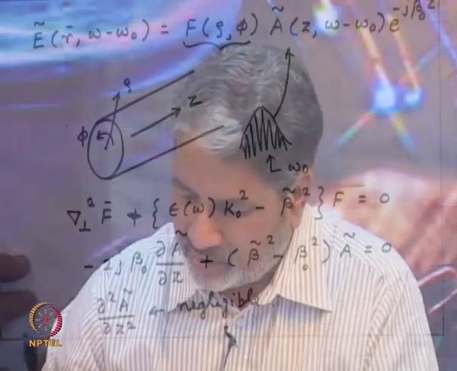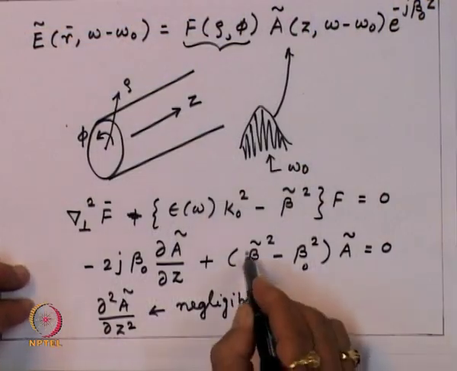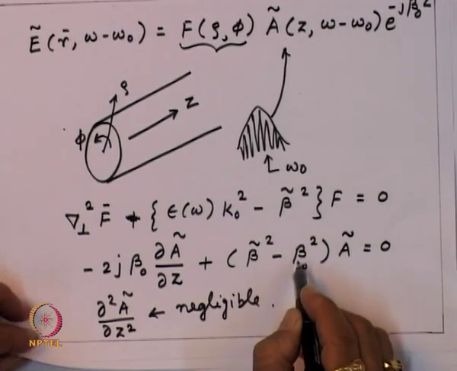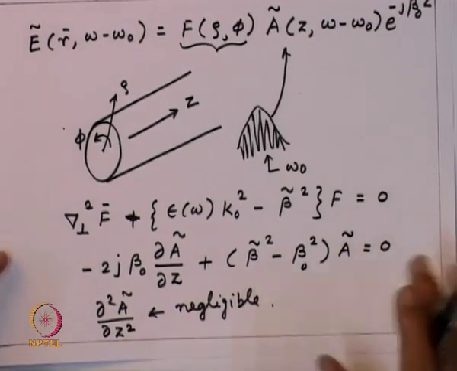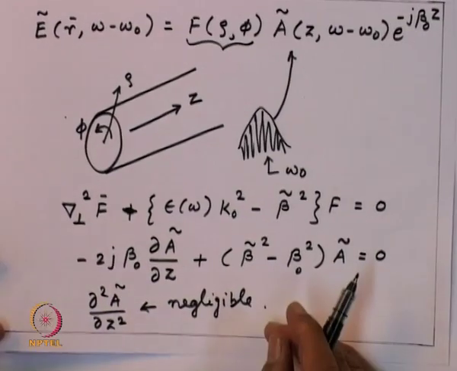So, first of all, since this quantity beta tilde, which you see here, is very close to beta naught, because we are talking about narrow band frequencies, one can make an approximation.